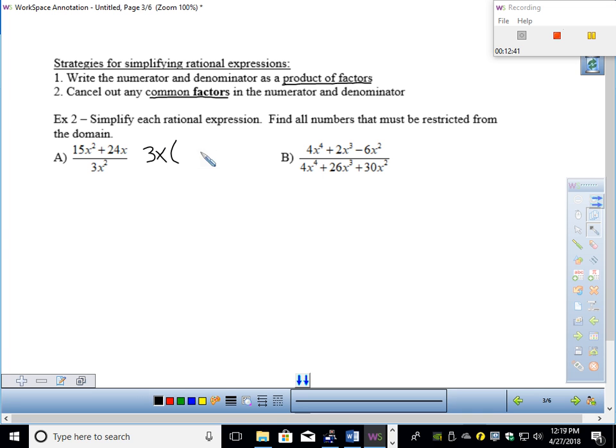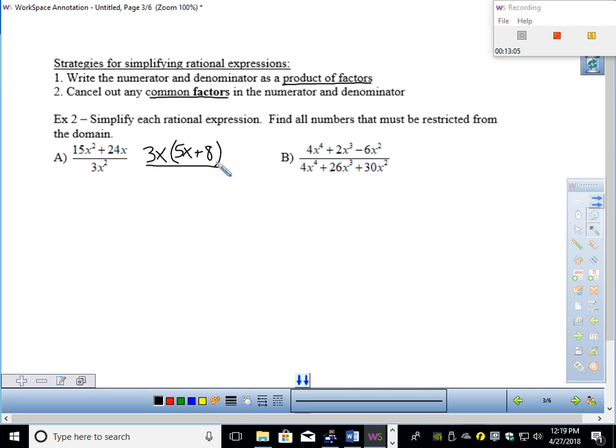And when I factor out a 3x, it looks like I would have a 5x and then an 8 on the back end, so 5x plus 8 as the binomial factor remaining. Good. What you see happening here is that this was the standard form of the polynomial in the numerator. This is the factored form of the polynomial in the numerator.